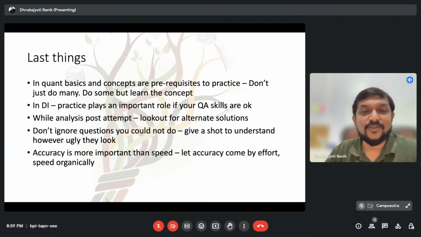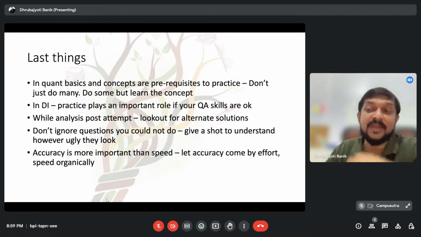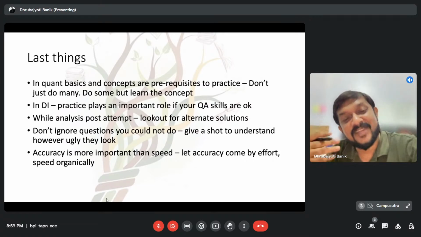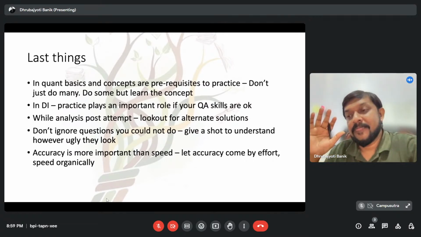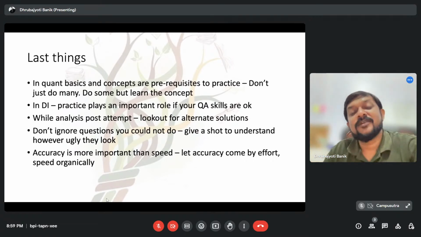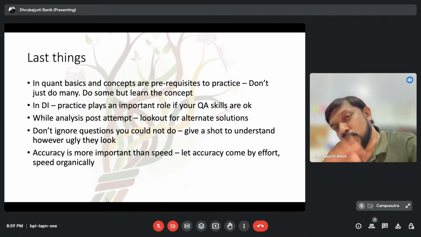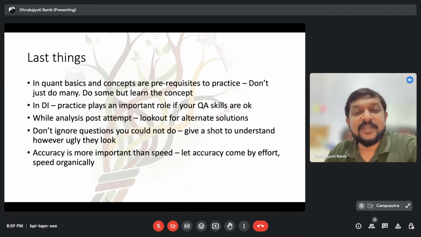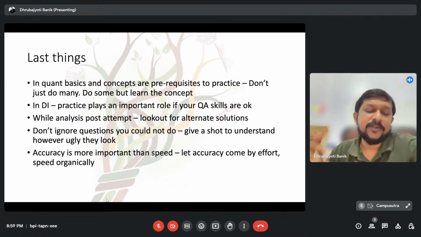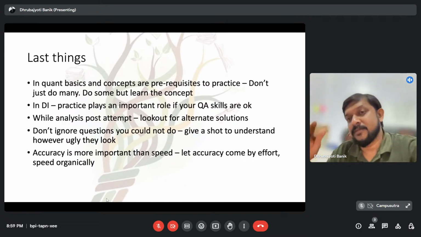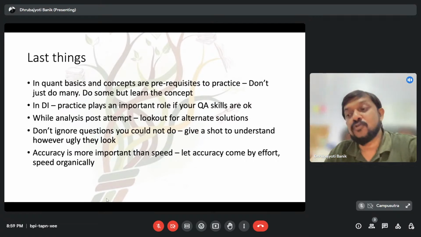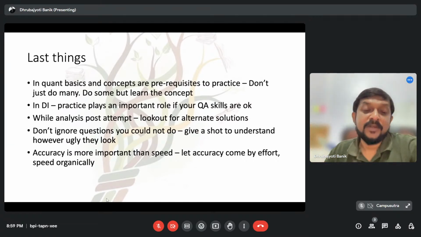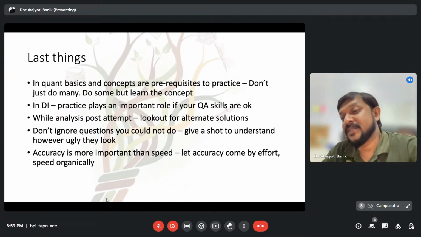Maybe that was an easy question, maybe there is a concept you don't know, using which it can become very easy. So it is very, very important that you try to solve all the questions at least post attempt of the paper, of a mock CAT or a sectional test or an exercise, whatever it is. The questions that you could not do, definitely look at them, look at their solutions. If you are not doing that, then your practice is not full.